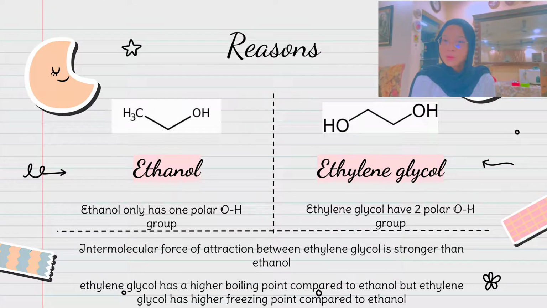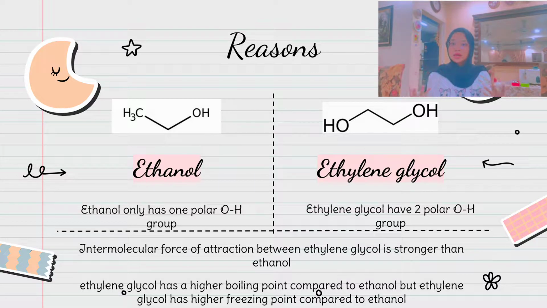Assalamualaikum and hi, so I'm going to continue this presentation. Okay, ethanol has only one polar OH group, meanwhile ethylene glycol has two polar OH groups. So we all know that when ethylene glycol has two polar OH groups, automatically it has stronger intermolecular forces than ethanol.